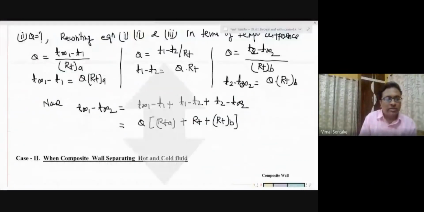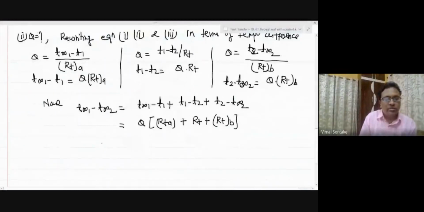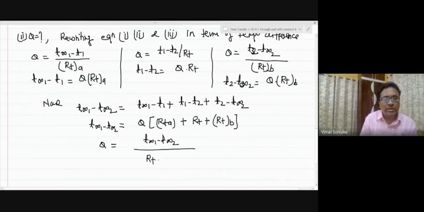So further simplifying, or rewriting this equation for heat transfer rate will give me T infinity 1 minus T infinity 2 over RTA plus RT plus RTB.